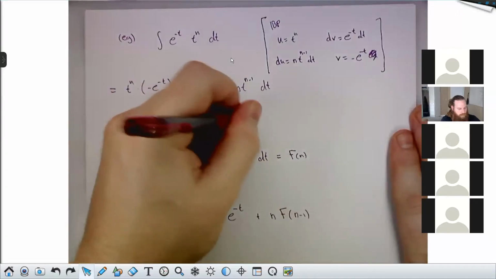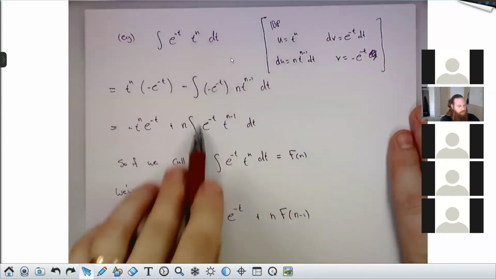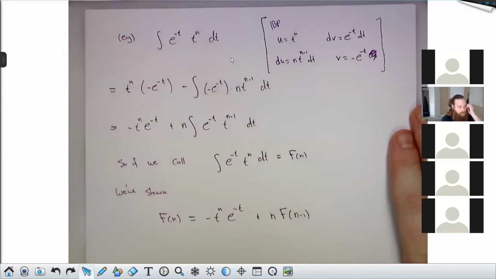I should have a dt here, right? This guy is this guy, just with n swapped for n minus 1. And if we were to evaluate this piece from 0 to infinity, it would go away in the same way, with several applications of L'Hopital's rule.